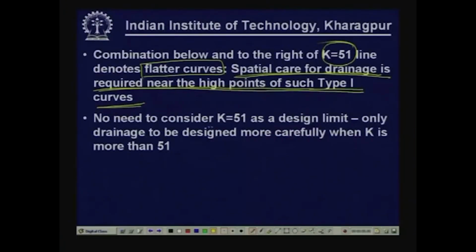Certainly, it may be acceptable, but we have to keep in mind that if K is more than 51, then special care or attention is required for drainage purpose. That is all. So, no need to consider K equal to 51 as a design limit. It only says that drainage is to be designed more carefully when K is more than 51.